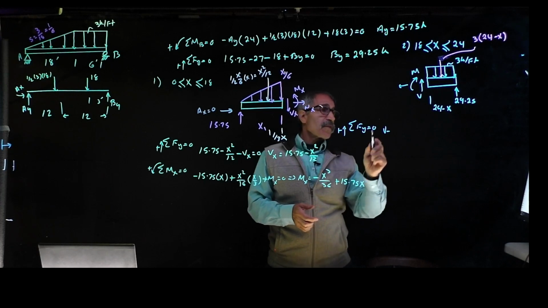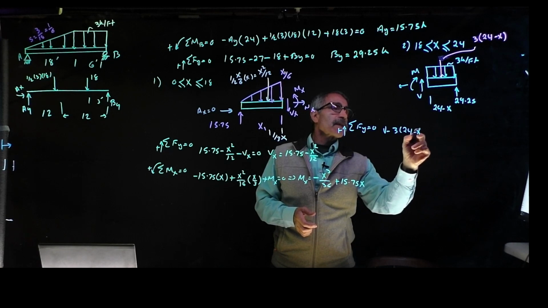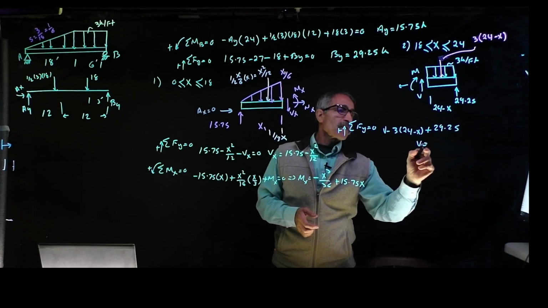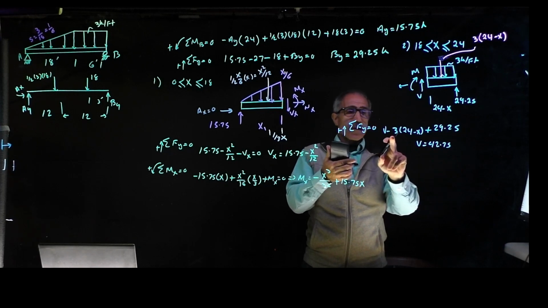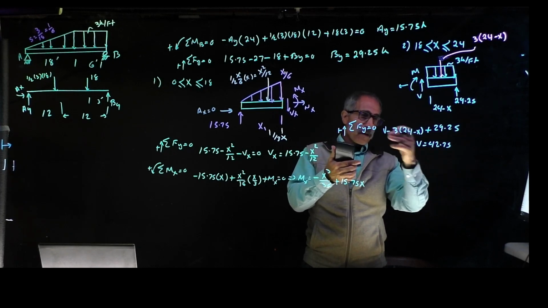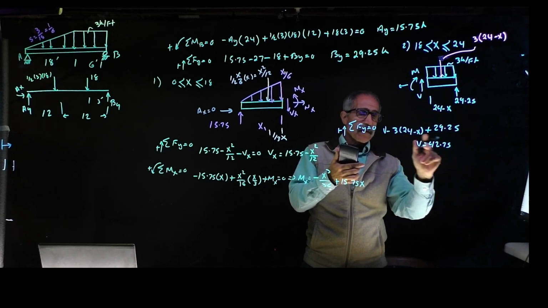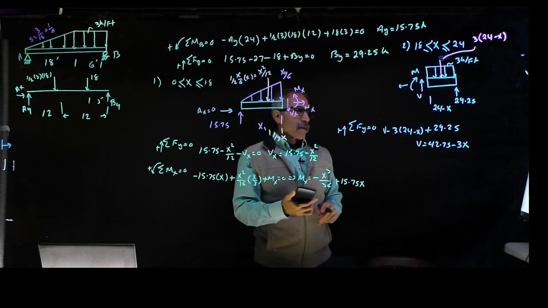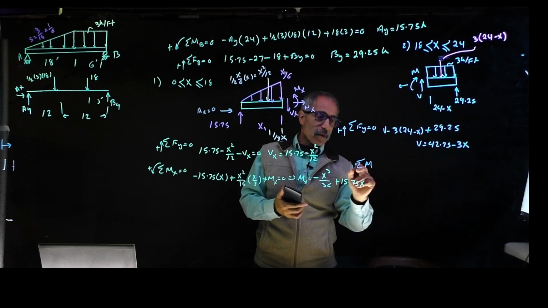So now we have that, so V minus 3 times 24 minus x, then plus 29.25, and therefore V comes out to be, this is negative, that's a plus, but this is going to go on the other side, so the sign is going to change. So you do your math, 42.75, double check my number, and then minus 3 times 24 becomes plus 3x, negative 3x. Double check this. I think I'm right. Yep.